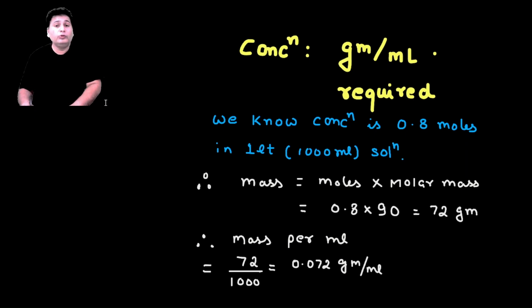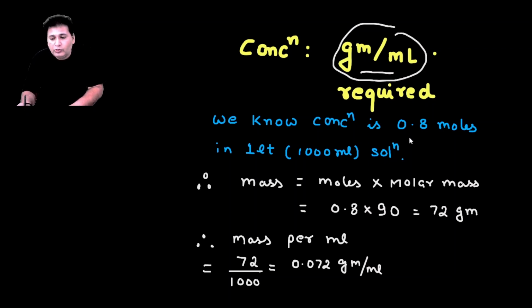Now coming to the conversion of molarity into grams per ml. As you know, we have to know the concentration in grams per ml. The molarity is given as 0.8. What is the meaning of molarity? The meaning of molarity is the number of moles of compound present in 1 liter of solution.